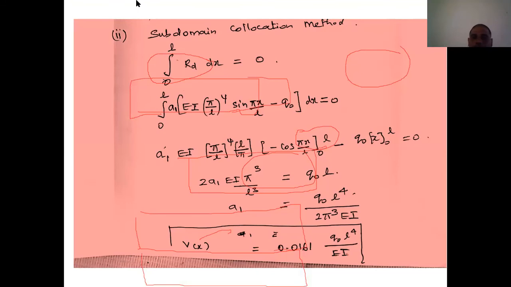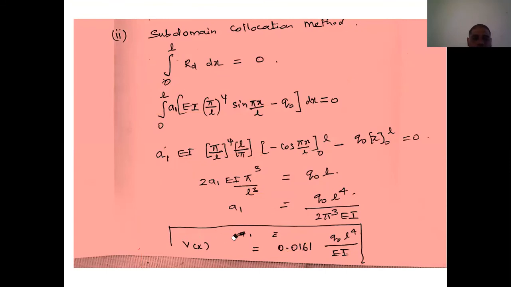So let us see how we are getting the solution using this method. Here, instead of making RD equal to 0, we are going to split up the entire domain into different parts according to our convenience.